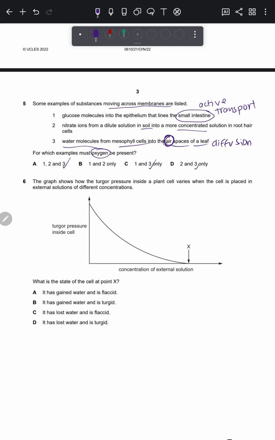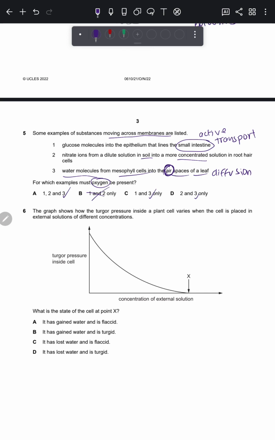So we have 3, so this is not B. Glucose molecules in the small intestine, I don't think oxygen has to be present for that. And nitrate ions from dilute solution in soil, I'm actually not sure about this question.